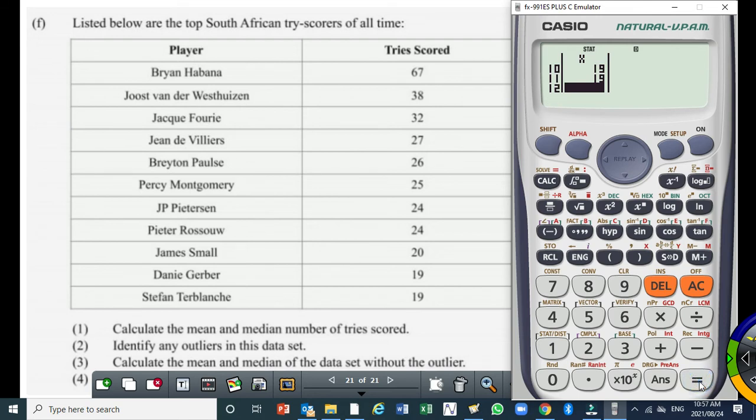Right? Once you enter the data, please, I expect you to do it as I am doing it. Then you press AC. When you do grade 12, you have to do exactly what I'm doing here.